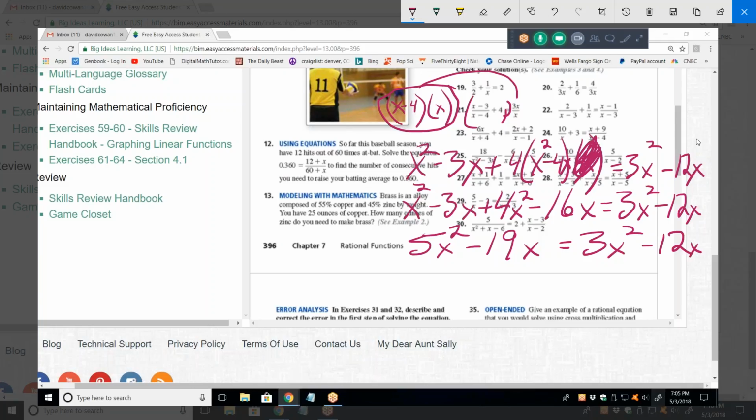So I'm looking at a quadratic. When you put it together, you want the coefficient of the x squared term to be positive, always. So which side do I want to put everything on? The left side.